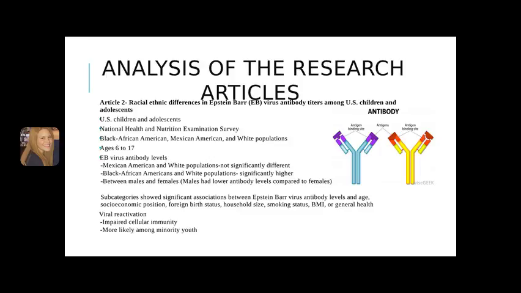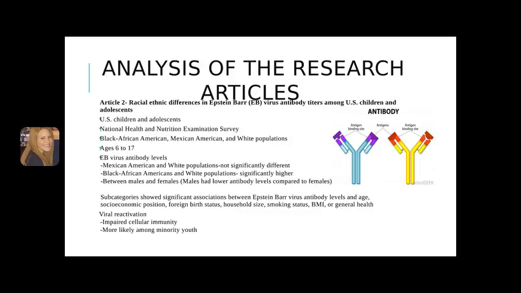The interactions between race, ethnicity, and age were non-significant, indicating the associations between race, ethnicity, and Epstein-Barr virus levels did not vary by age. They also included some subcategories in the study.